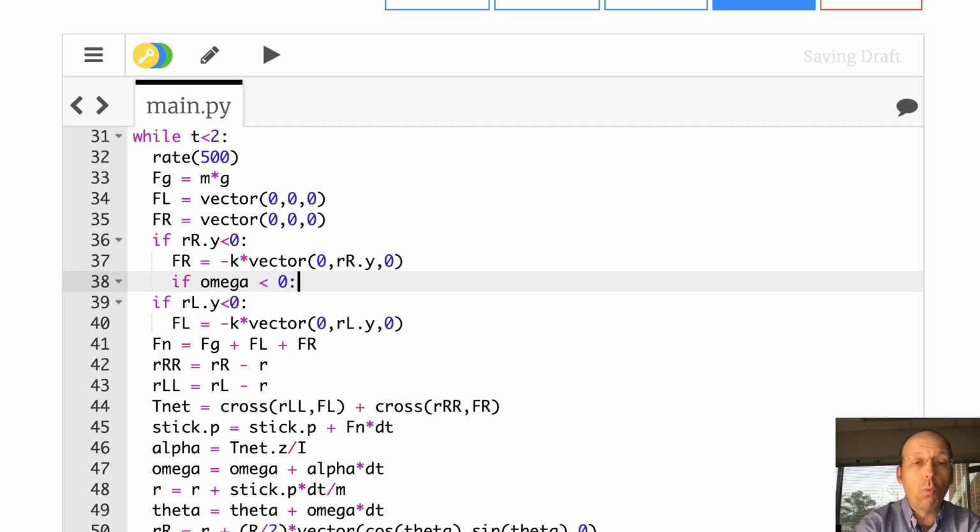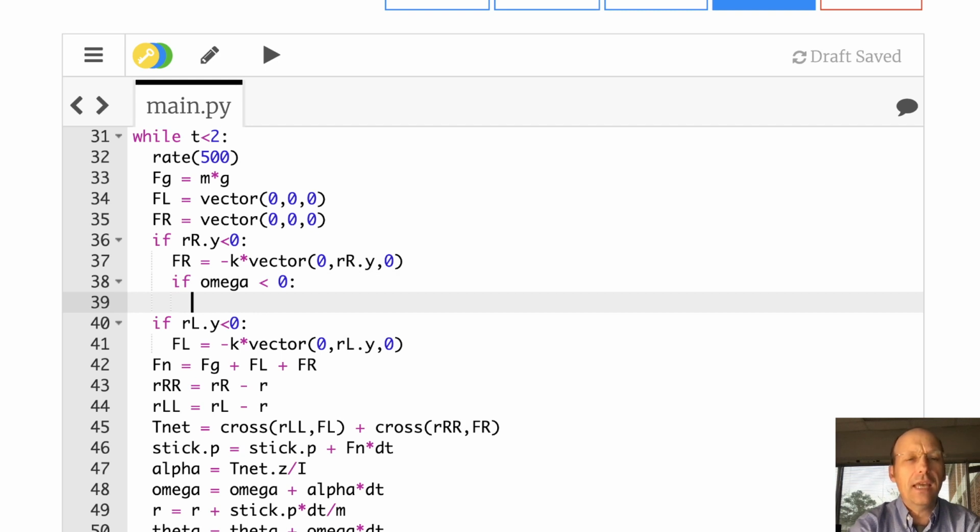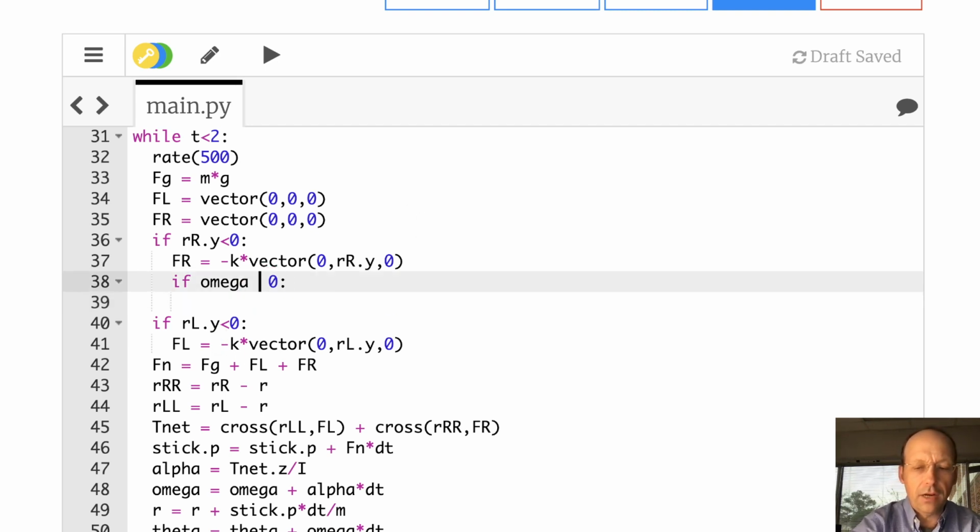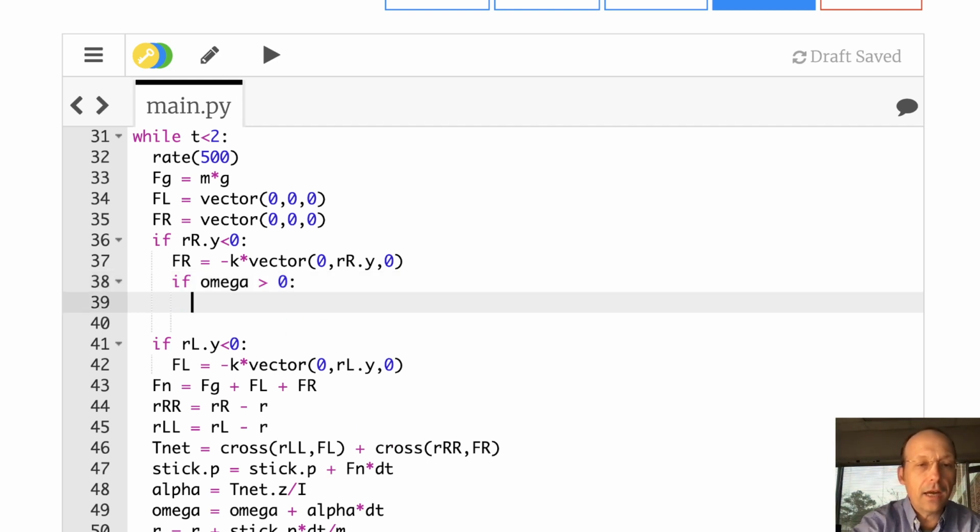And so it should be going away from the floor. And I'm going to say if omega is greater than 0, right? So omega is this way. You got it backwards. So that would be moving away. Then I'm going to say FR is negative K2 times vector 0 R dot Y 0. Right? Because that will use the weaker spring, it's moving away.